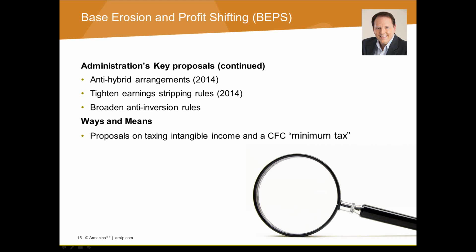They haven't said the rate, but let's say it's 15%. If that CFC has an effective rate of, say, less than 15%, the U.S. would pick up additional tax equal to the differential, and that would be a CFC minimum tax. And so that's one of the latest ideas that have been floated.